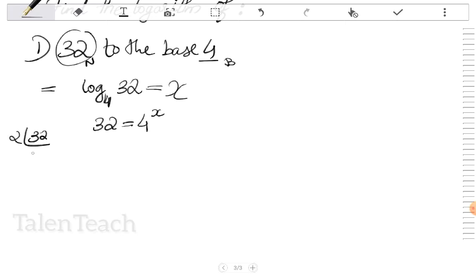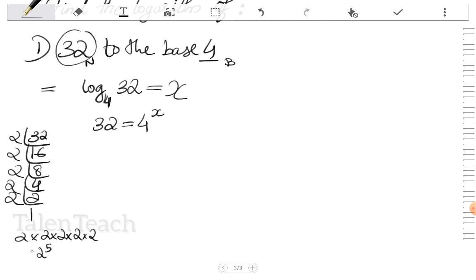When we prime factorize 32, we get 2 into 2 into 2 into 2 into 2, which is 2 raised to 5. Then 4, in terms of 2, is 2 raised to 2, since 2 squared is 4. So 4 to the x is 2 raised to 2 whole raised to x.